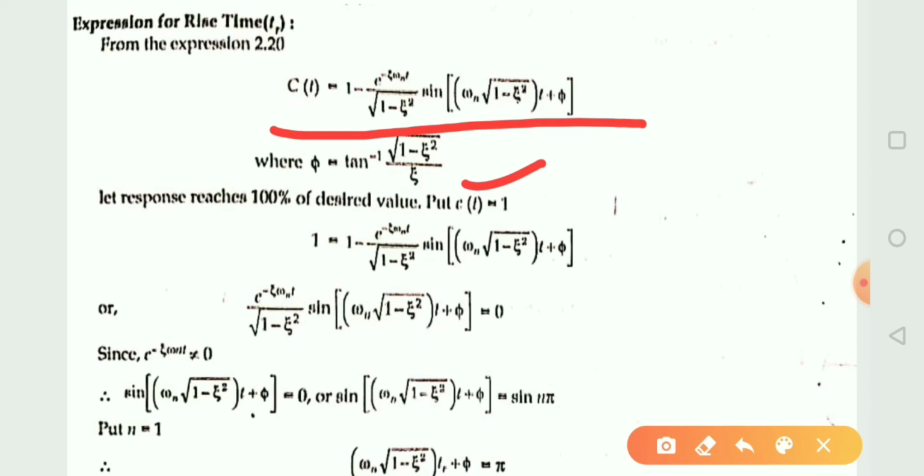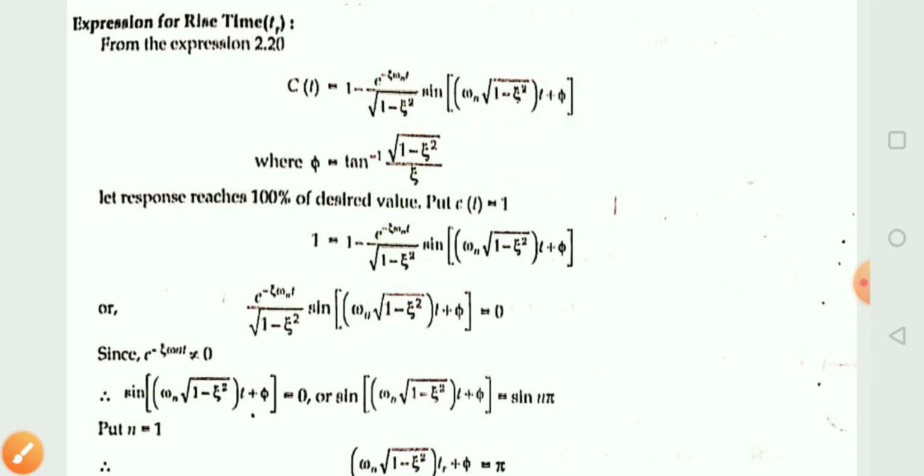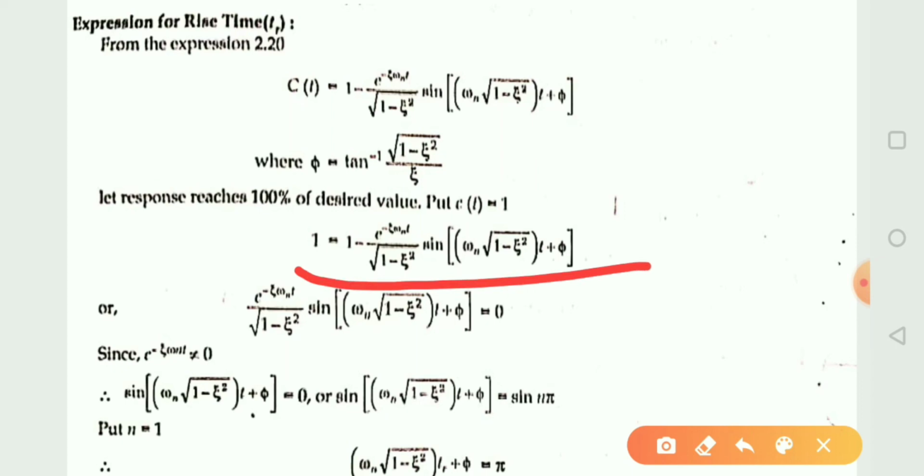Now we want to write the expression for the rise time, which is the time taken to rise from 0 to 100%, meaning it goes to its final value. So here we put the output C(t) equal to 1. Putting C(t) equal to 1, we get 1 equal to 1 minus this term.